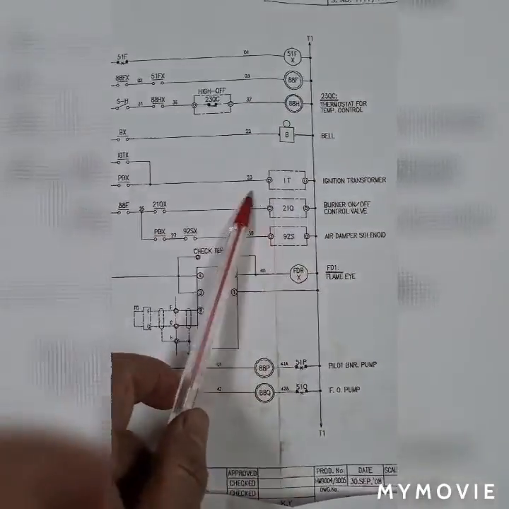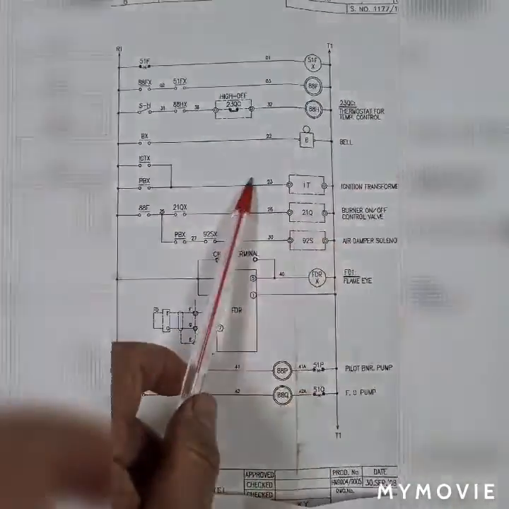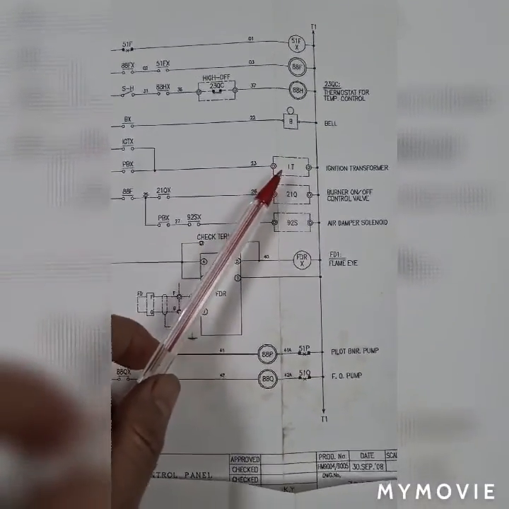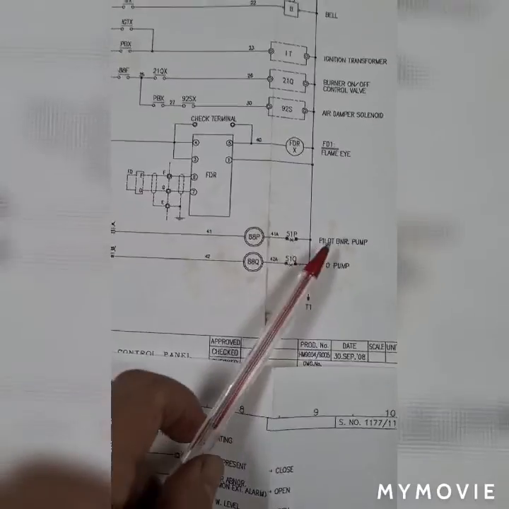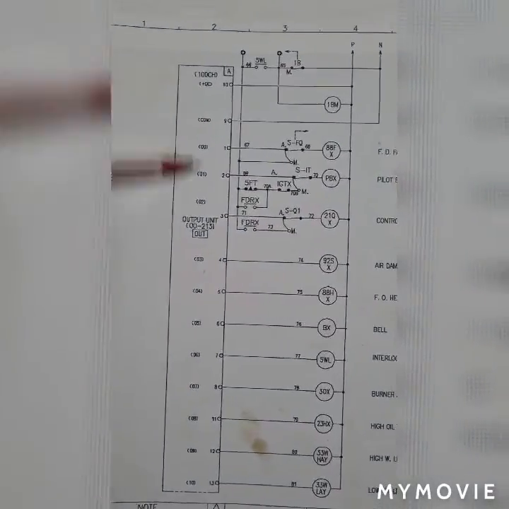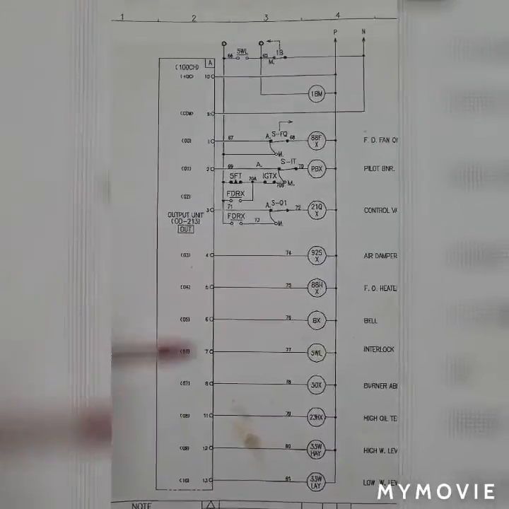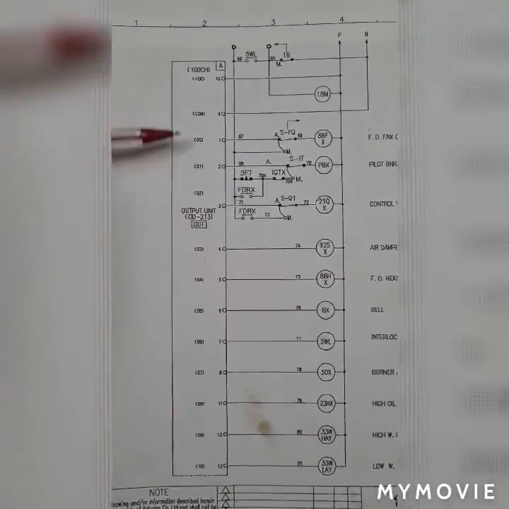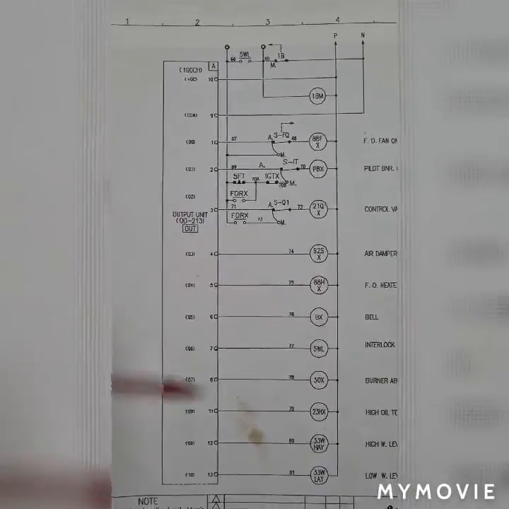Once energized and ignited, the fuel is delivered by the pilot burner pump. This output counts from 0 to 10 seconds.